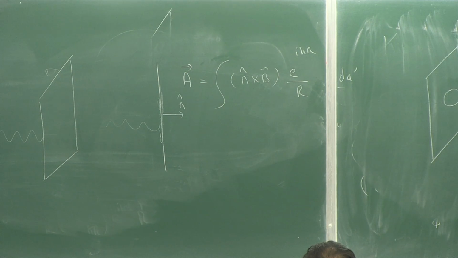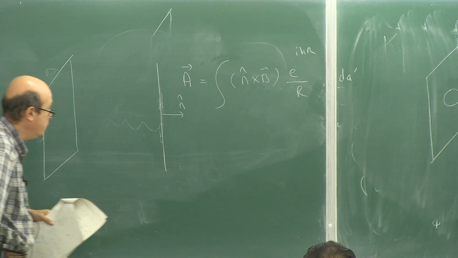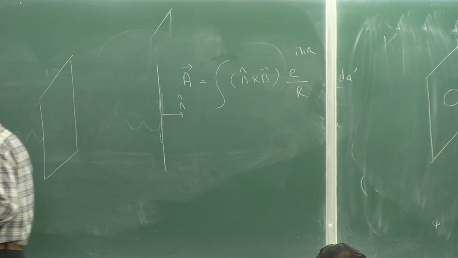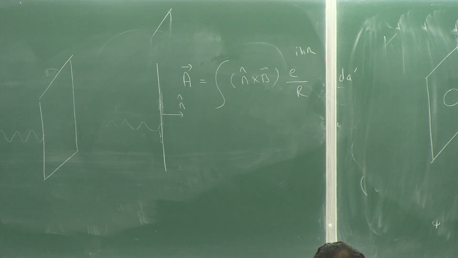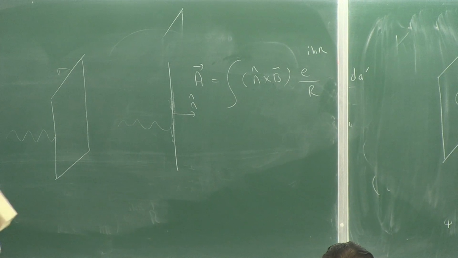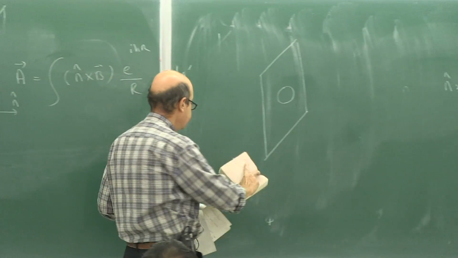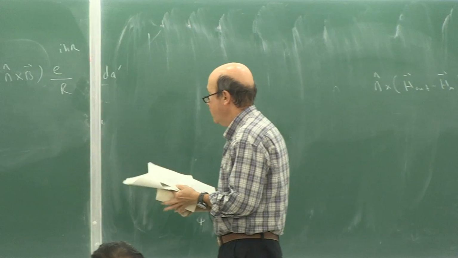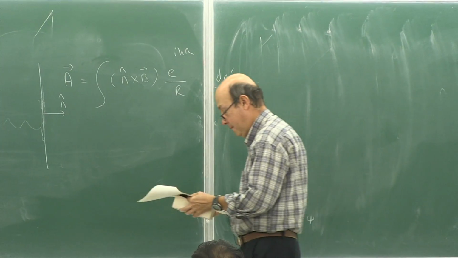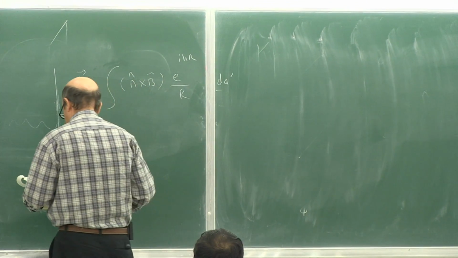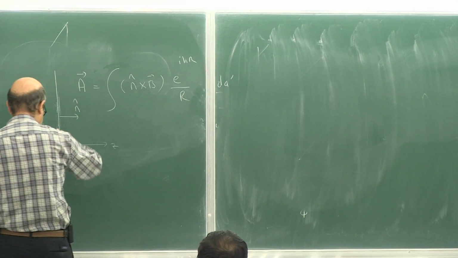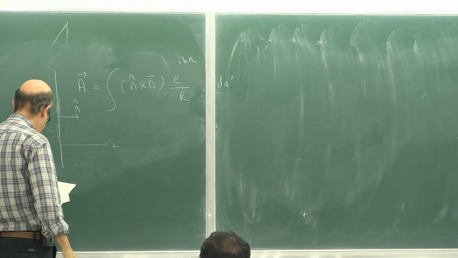So let us take the vector potential in that format, and let us check whether our results are consistent with the Dirichlet boundary conditions. When we do this, you will understand what we are doing. So let us do this. Let us call this the z-axis, and the other axes are x and y.